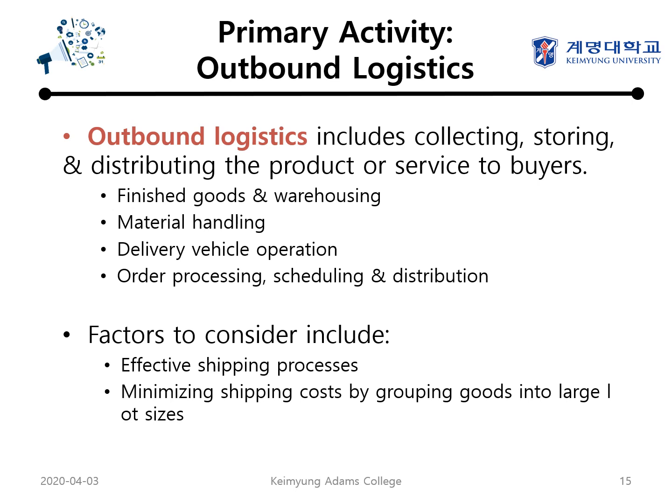The next primary activity is outbound logistics. So it's more on the distribution of goods. The activities of outbound logistics are associated with collecting, storing, and distributing the product or service to buyers. They include finished goods warehousing, material handling, delivery vehicle operations, order processing, and scheduling.